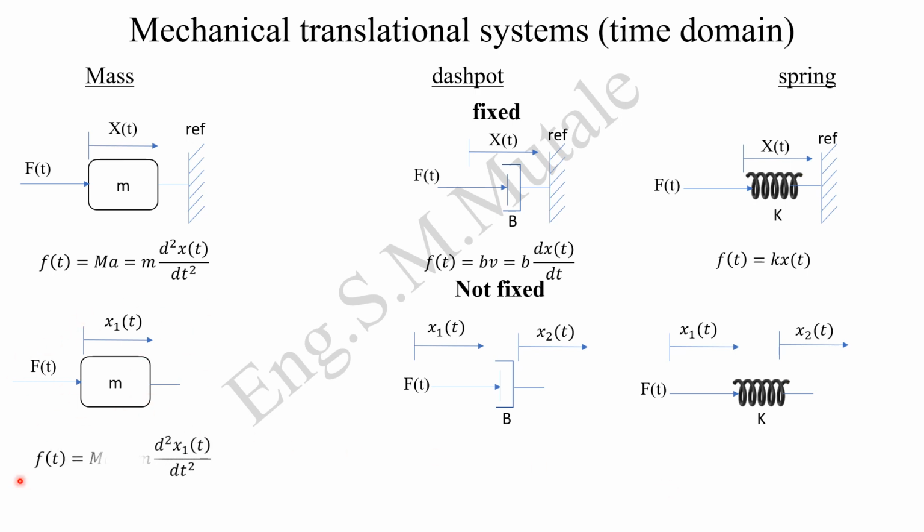So the equation stands for mass. Force will still be the same, either for fixed or unfixed conditions. But for the dashpot and the spring, things will change. For the dashpot, you see that it's exactly that, except since you've got two displacements, this one and that one, it will be the differential, of course, but the difference between the two, the initial minus the final.